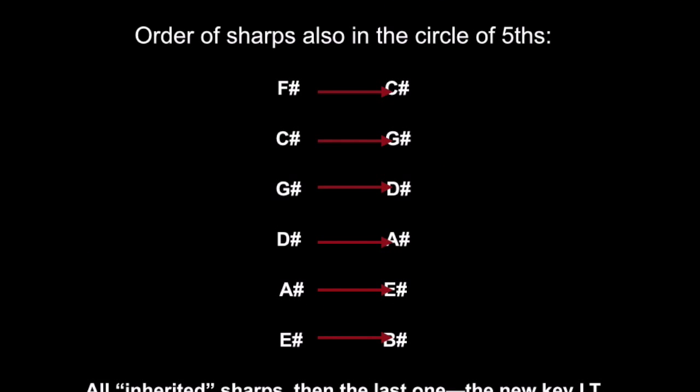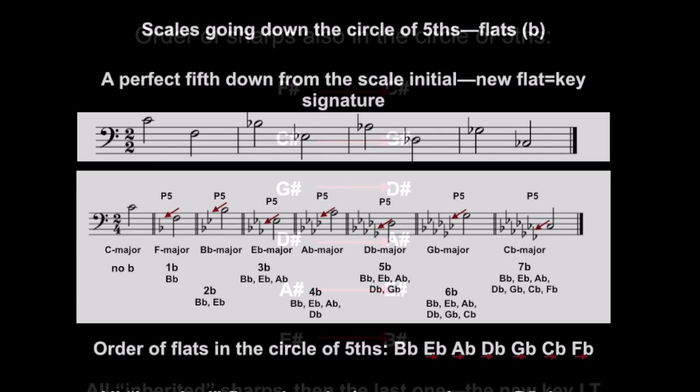You may have already noticed that since key scales are ordered in fifths, the leading tones are also always positioned the same way. The order of leading tones that make up key signatures is also in the circle of fifths. Their order is F sharp, C sharp, G sharp, D sharp, A sharp, E sharp, and B sharp.